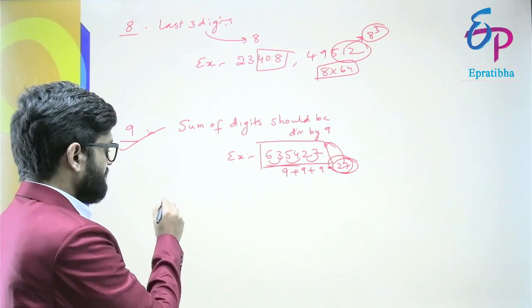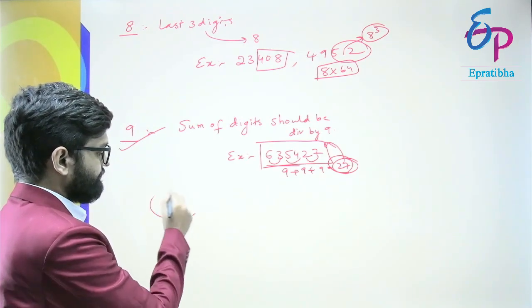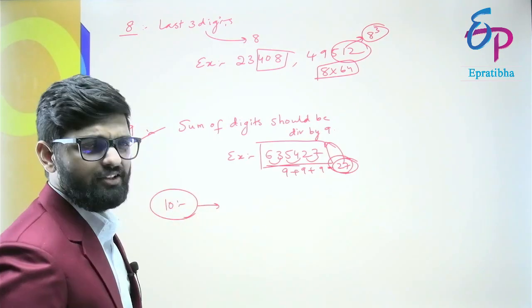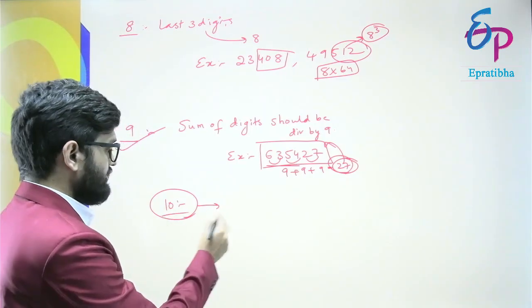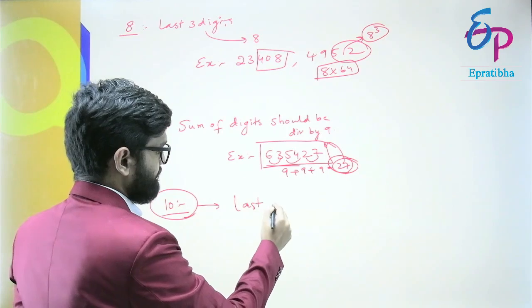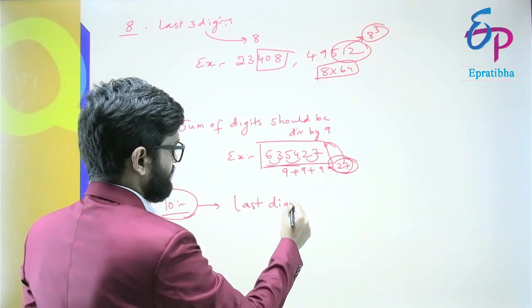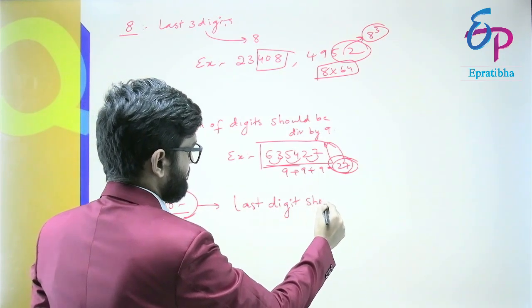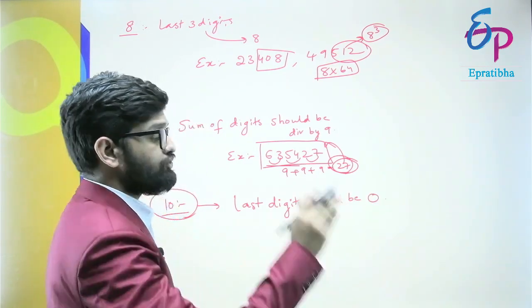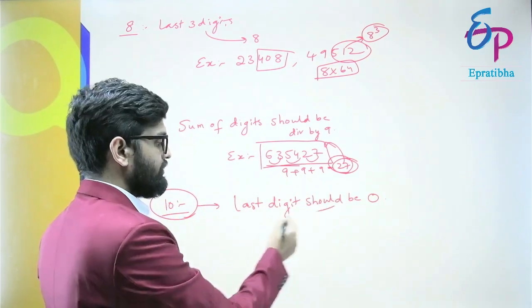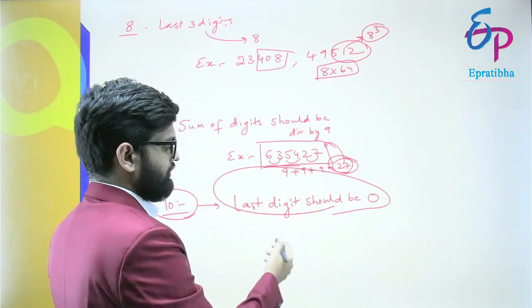Now how can you tell whether a number is divisible by 10 or not? 10 is very easy. For 5, the last digit is 0 or 5, right? For 10 the last digit should be 0. No other number should come here other than 0.